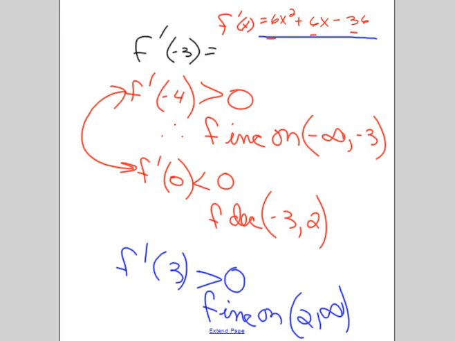This is the English sentence you write, the whole sentence. Since f prime changes from positive to negative at -3, then -3 is a maximum.